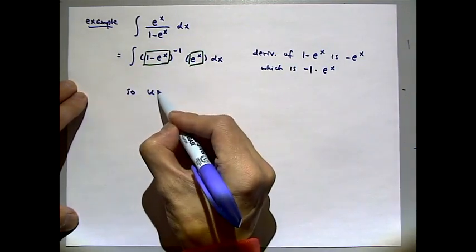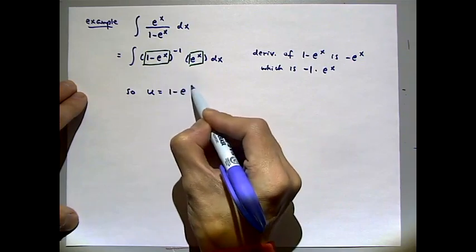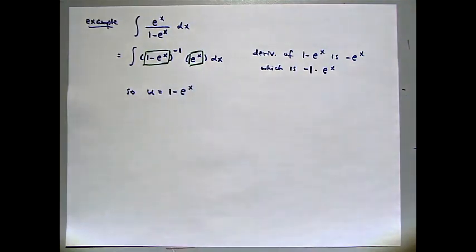So a good choice of u would be 1 minus e to the x, which, by the way, again, is the more complicated of the two parts. It's another case where the rule of thumb actually works. It's a pretty useful one to go by until you run into exceptions, and then it doesn't work.